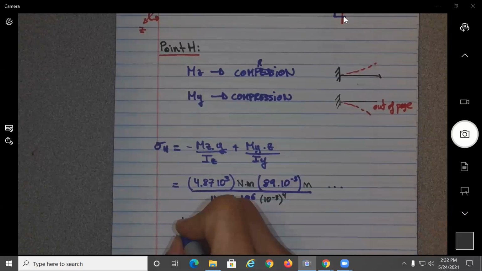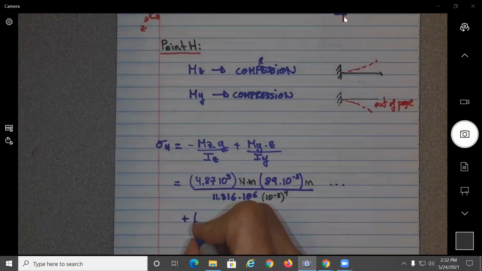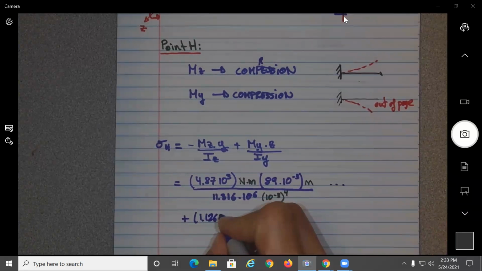And I'll put here plus My, which was given as 1.126 times 10 to the 3.